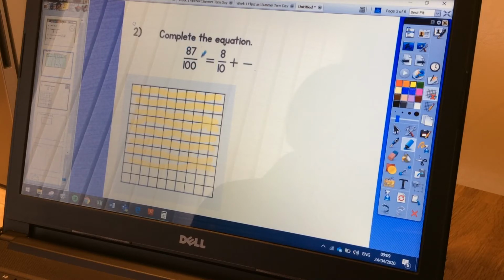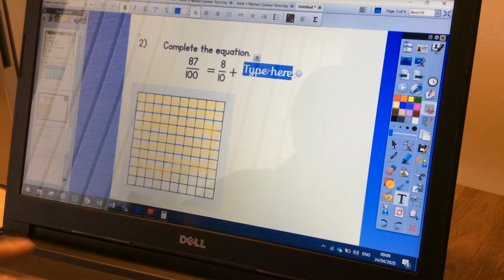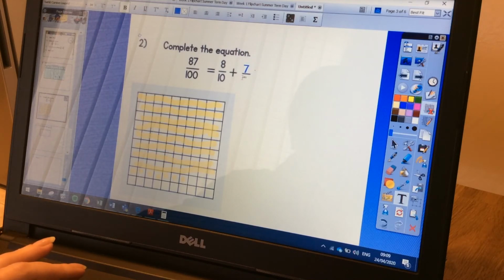But I need 87 hundredths, which then means I need an extra 1, 2, 3, 4, 5, 6, 7 hundredths. So my missing number to complete our equation is 7 over 100. 8 tenths and 7 hundredths is equivalent to 87 hundredths. Give yourself a tick if you got that one right.